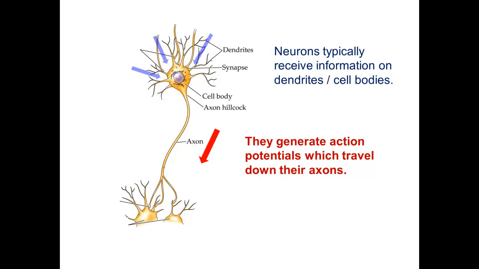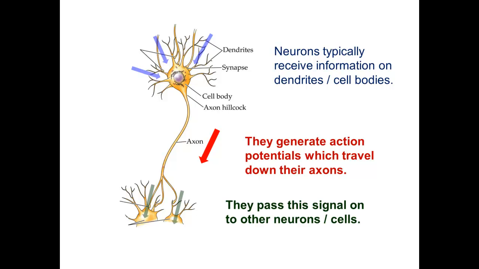They generate action potentials, these electrical spiky waves, which can travel down their axons. Then they pass that signal on to other neurons or to other types of cells down here at that neuronal terminal area.